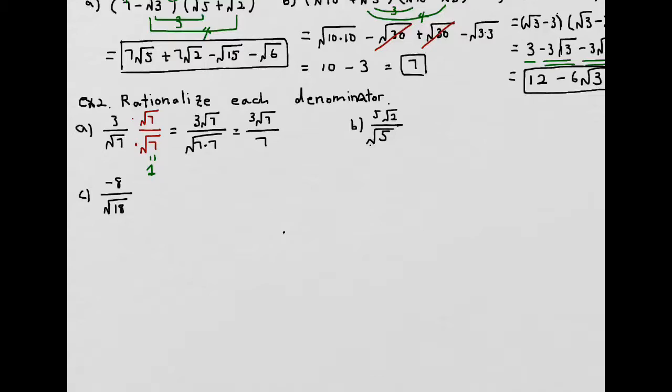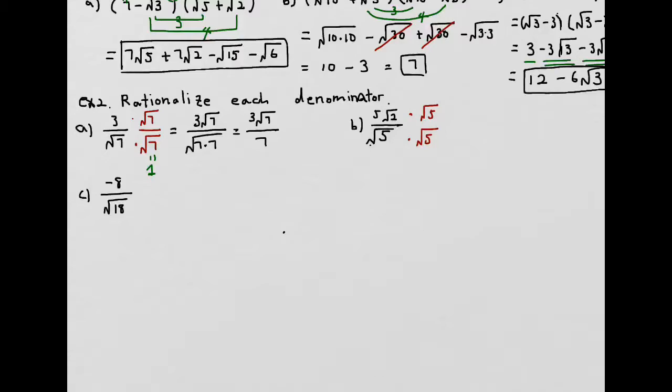So let's look at another one. What about if we have 5 square root of 2 over square root of 5? Let me erase this one for a second. What do I need to multiply square root of 5 by to get rid of the square root? Having one more square root of 5, right? Two of the same number will cancel out square roots.